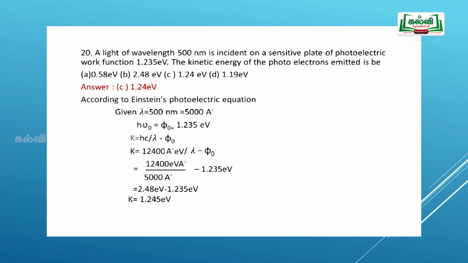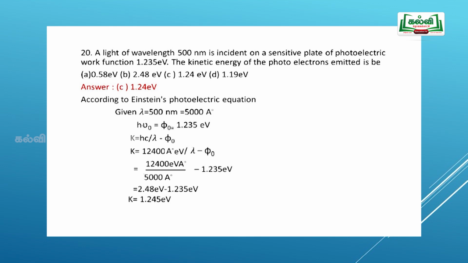Let's see how the answer is C. According to Einstein's photoelectric equation, given data is lambda is equal to 500 nanometer, which can be converted into Armstrong as 5000 Armstrong. The work function phi naught is 1.235 eV, which is given in the question. So K is equal to hc by lambda minus phi naught. We substitute hc as 12,400 Armstrong eV.